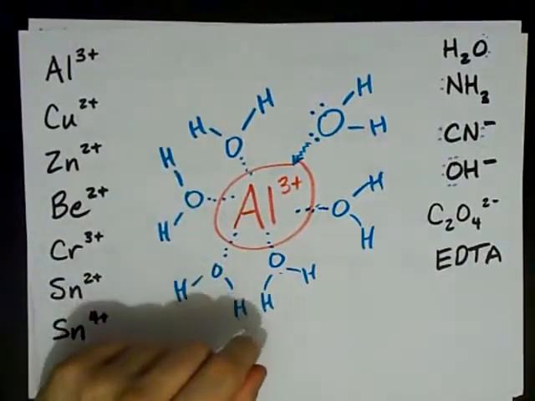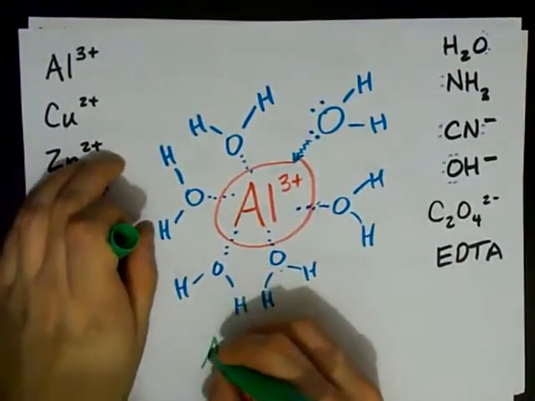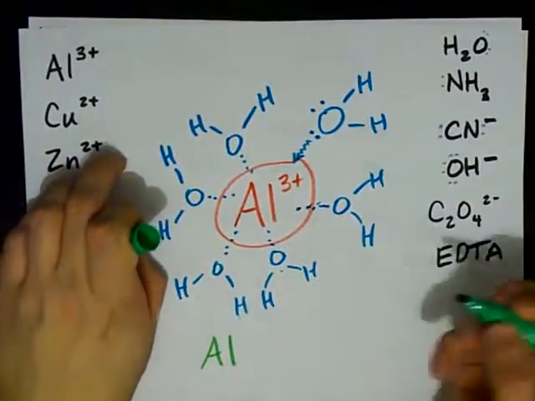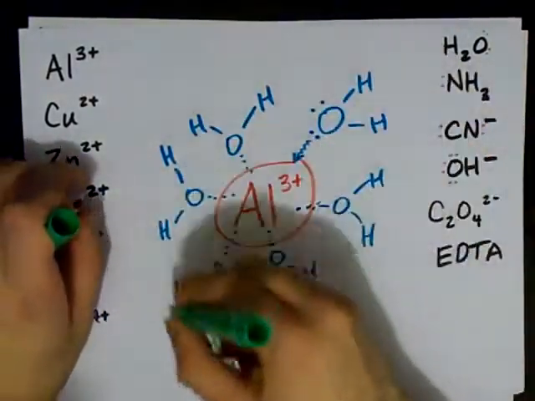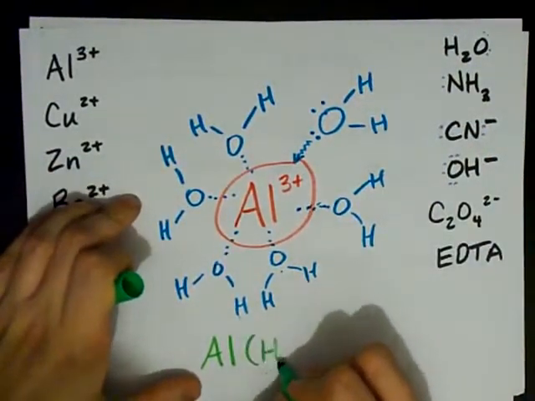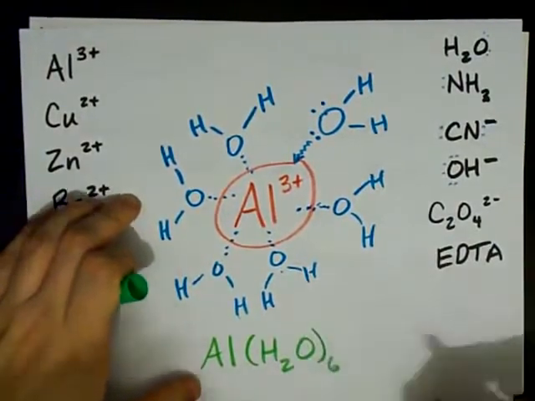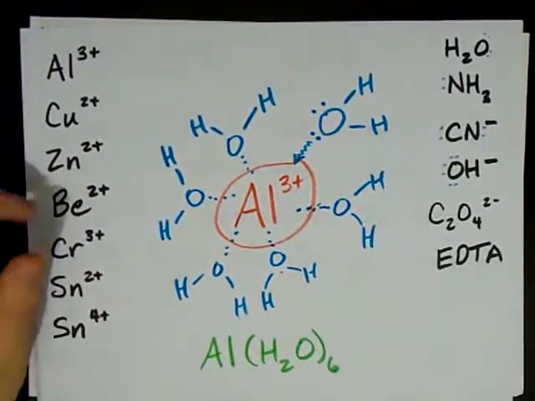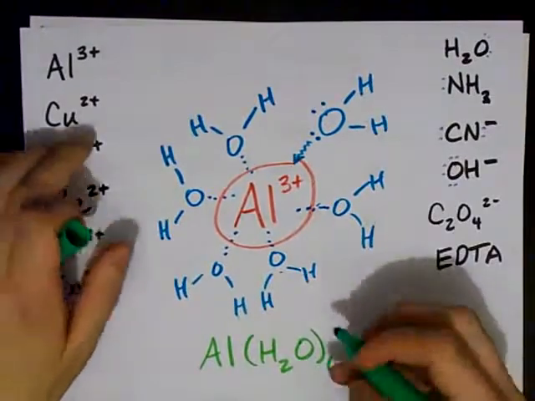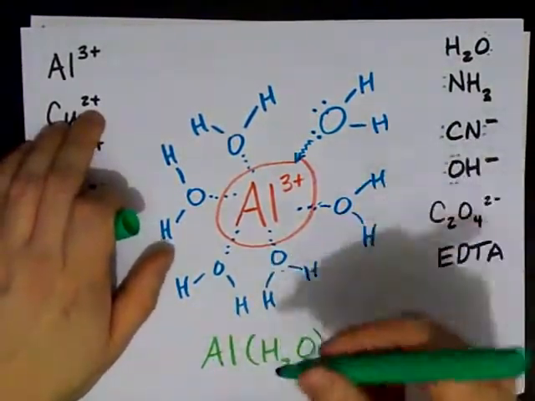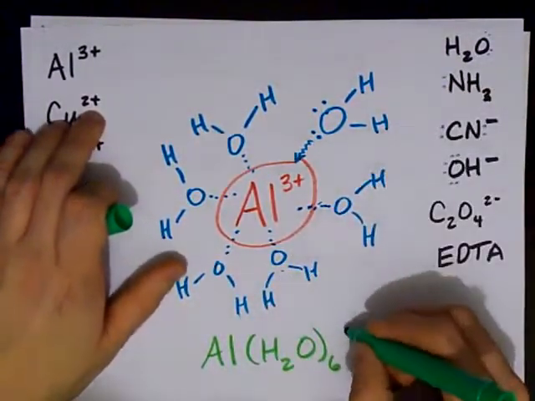The last thing, or the things I want to point out here, are that usually we write this as Al3+, but when it's surrounded by waters like this, we show that it's surrounded by 6 waters by writing [Al(H2O)6], the same way you would write aluminum nitrate or aluminum iodate or something.